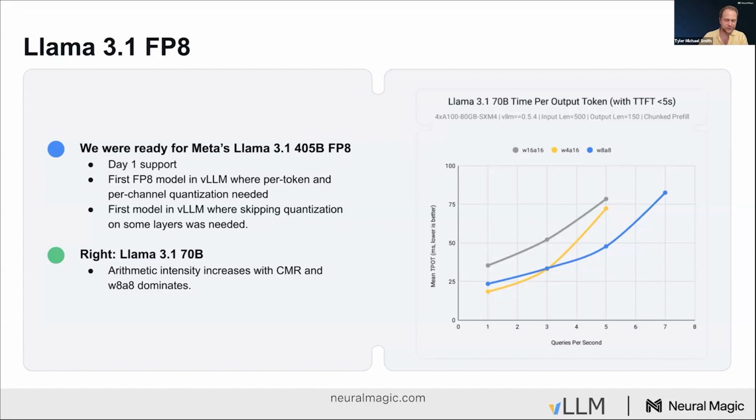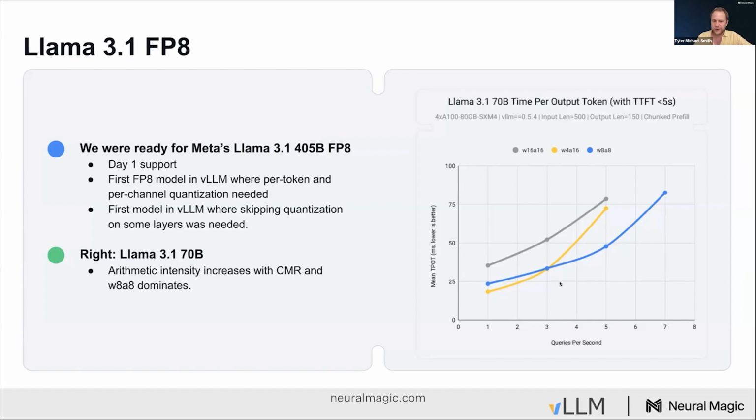Because we put in all of this work, really with an eye on INT8 quantization, we already had everything we needed in place for FP8. So we were either really prepared or we got lucky. This also happened to be the first model in vLLM where we needed to skip some layers for quantization, which is something we've run into before for INT8 quantization.